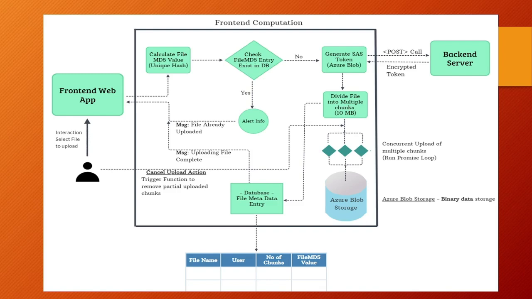After selecting a file, we calculate the MD5 value, which is unique for every file. Basically, an MD5 value is a unique hash value calculated based on the file content.